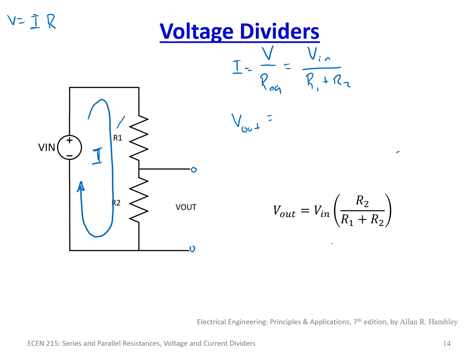So Vout is R2 times I. So when we combine all this together, Vout is equal to Vin over R1 plus R2, that's the I, times R2, which leads us to this equation.